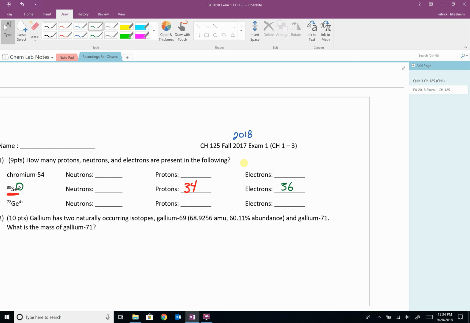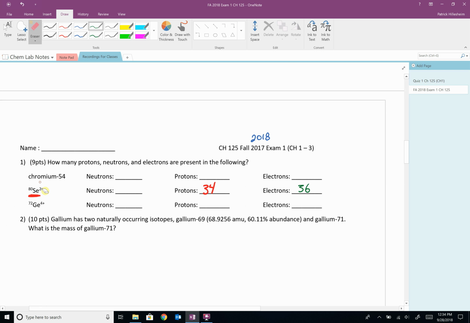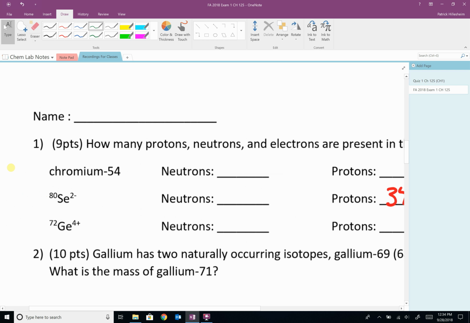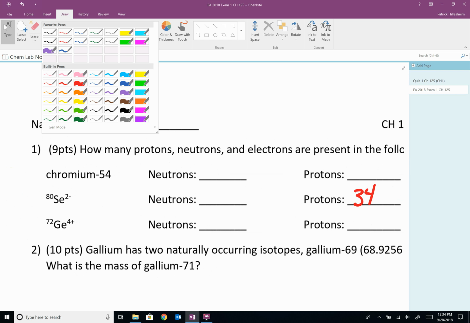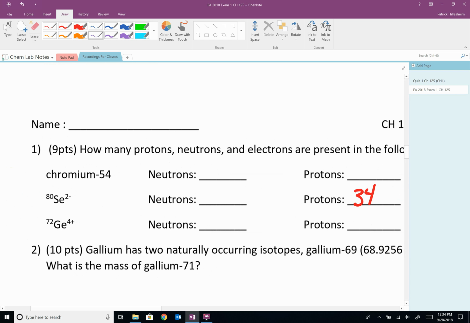All right, so let me erase this. Let me zoom back in here. So we've dealt with the protons, we've dealt with the electrons. Let's deal with the neutrons. Now, let's pick a new color. Purple sounds good. That number right there, the 80, is telling us the total number of protons plus neutrons in this particular isotope.